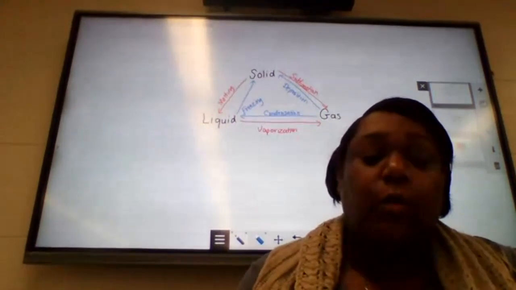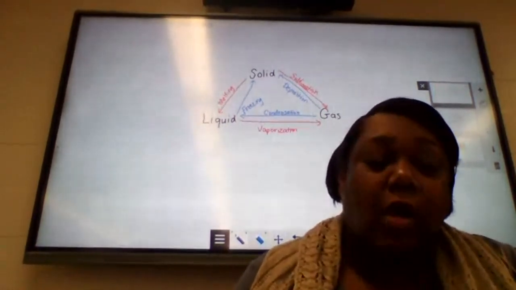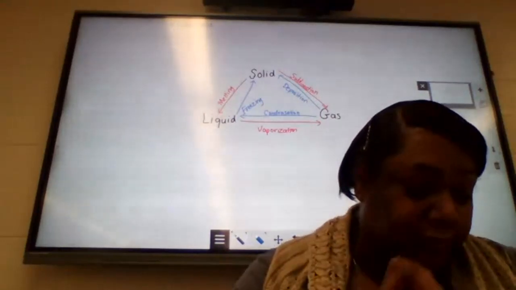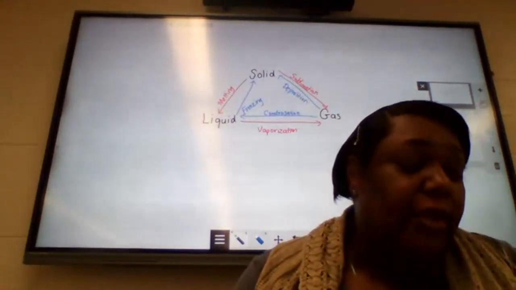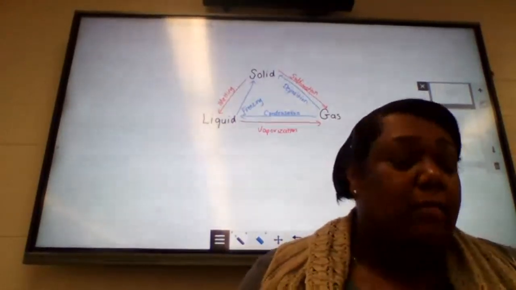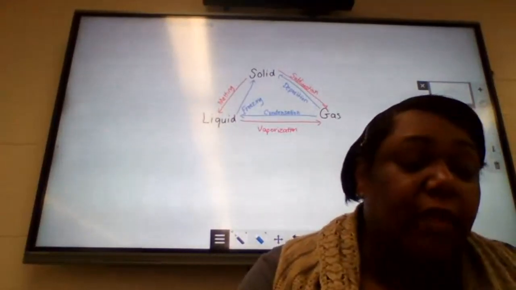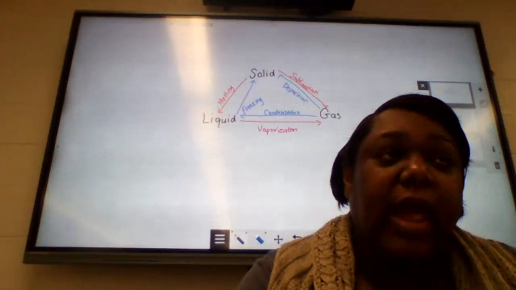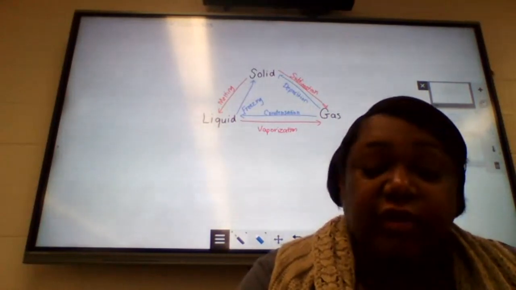Whether I say melting point or freezing point, we're talking about the same temperature. So please don't get that confused. And normally when we say melting point, we're talking about at the normal or standard atmospheric pressure, which we usually signify as 1 atm.